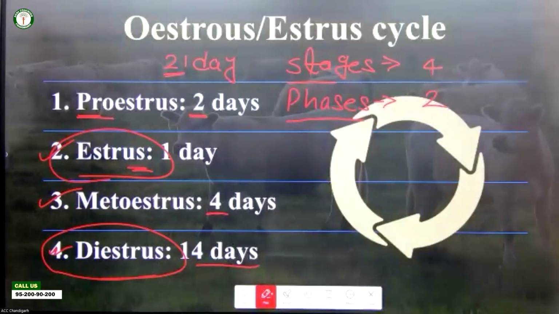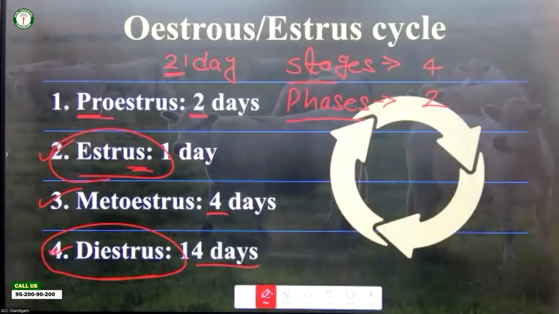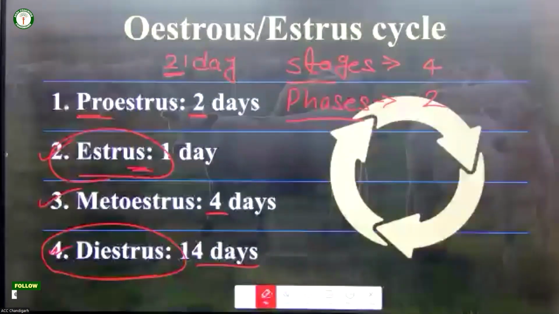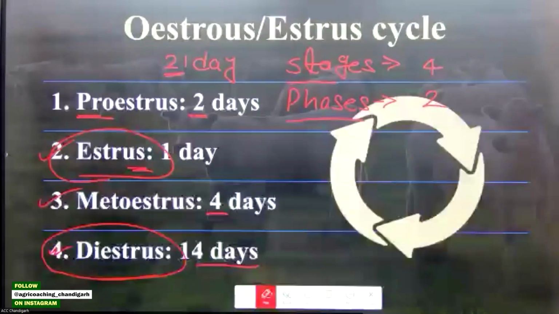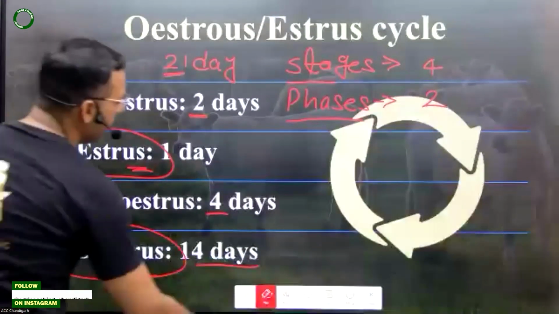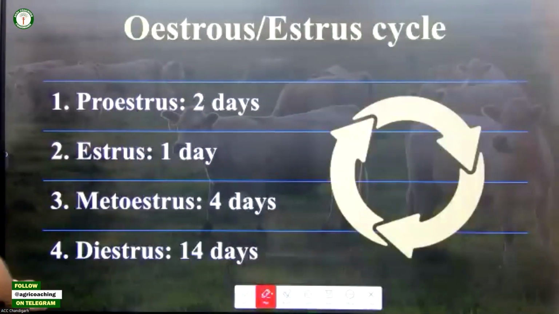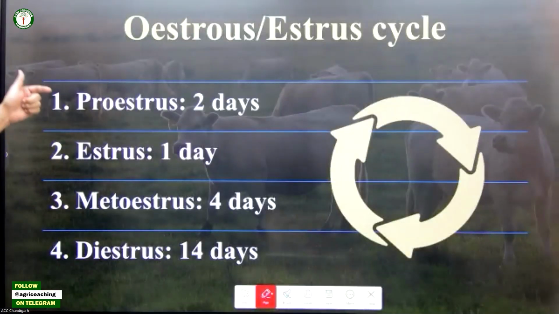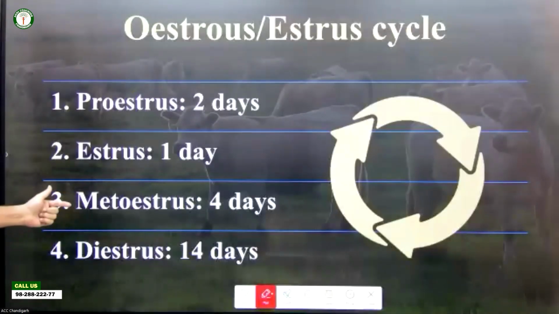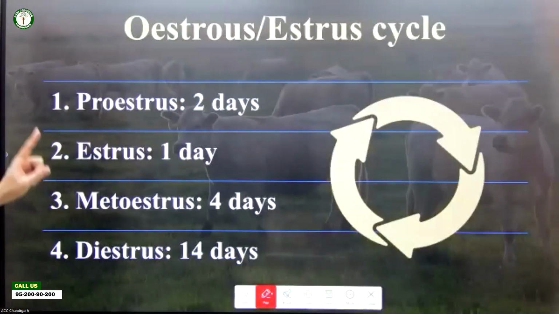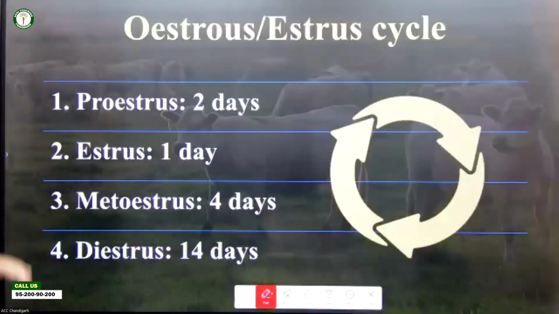Obviously with 1 day of duration, Estrus is the shortest stage of the estrous cycle and Diestrus is the longest stage. Okay, till now we are clear. So please make sure to learn these 4 stages with the sequence. First one is Proestrus, second is Estrus, third is Metestrus, fourth one is Diestrus. Remember it with the sequence: Proestrus, Estrus, Metestrus, and Diestrus.